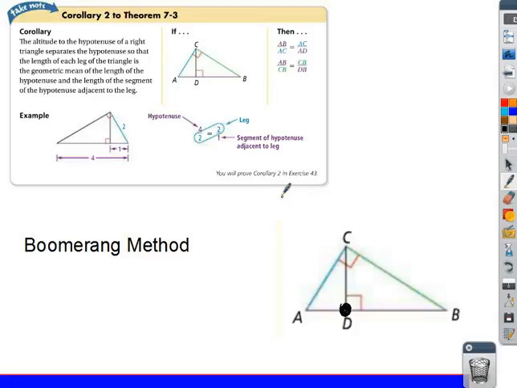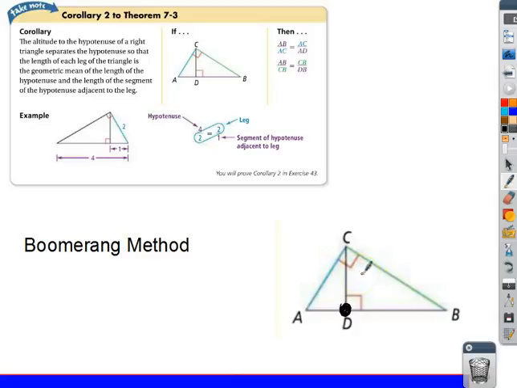Now, the boomerang method will allow me to set up a proportion involving either this leg or this leg, because this leg has some sort of relationship to the lengths of the hypotenuse, and this leg has some sort of relationship to the lengths of the hypotenuse. Depending on which leg I want to use, that's the, air quote, direction I throw the boomerang in. So let's say I wanted to make a proportion involving CB.